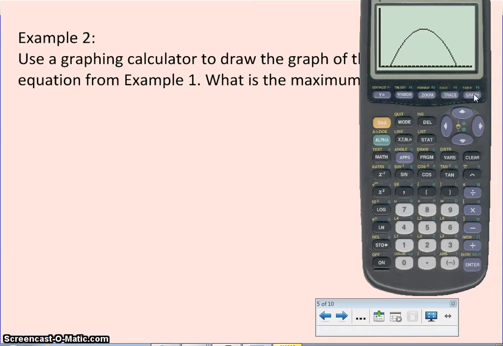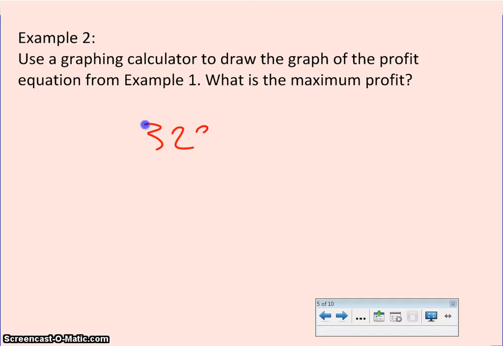So here's what our profit equation looks like. And the maximum profit, we're going to click on trace. And we're going to try to go here to about the highest that we can. And we can see that right here at that maximum point, you can see right here where Y is. It looks like our maximum profit here is going to be $323,125.